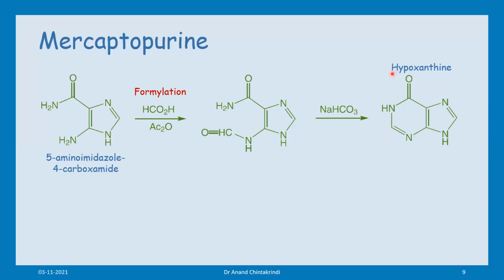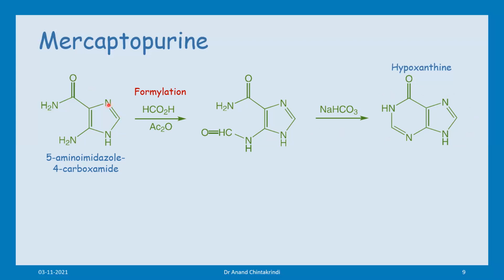Now the next step, you want an SH group here. Mercapto stands for SH group. So you have formed this purine ring by way of this step, that is first formylation of this imidazole derivative and then cyclization in a mild base such as sodium carbonate. So this is what I said at the start of this drug synthesis. There are 2 methods to form this purine ring.